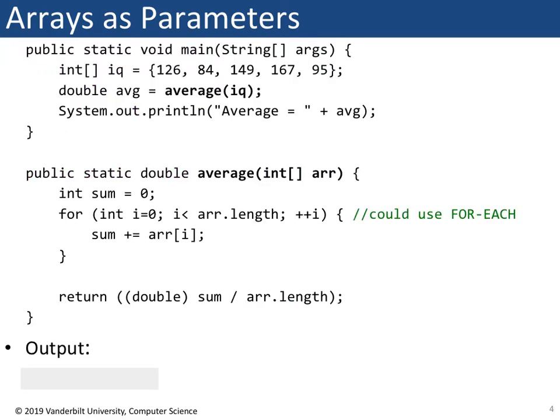So let's walk through this code and see what it outputs to the console. So we have a main method and we have a method called average. And we're going to call the average method and then print what is returned. So now let's examine the code.